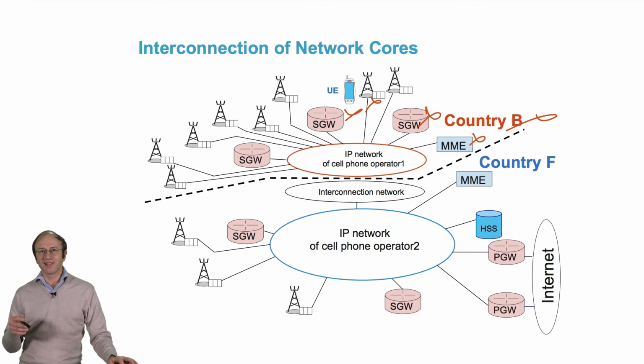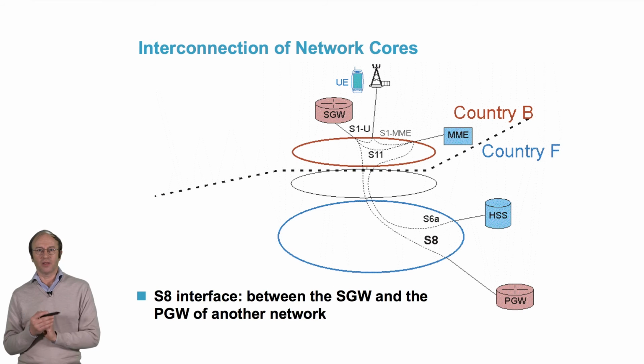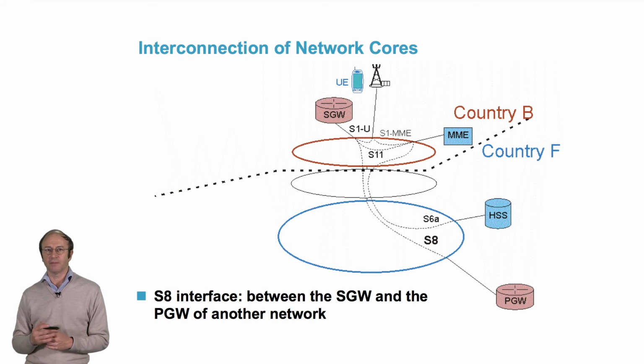Because we are staying inside the network, we have the same interfaces that we've just seen. That does not change between country B and country F.